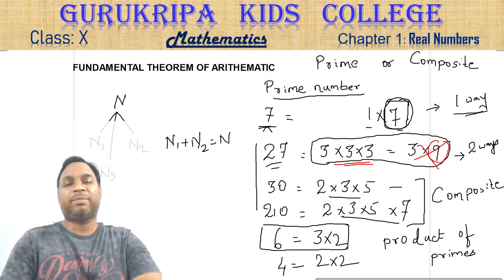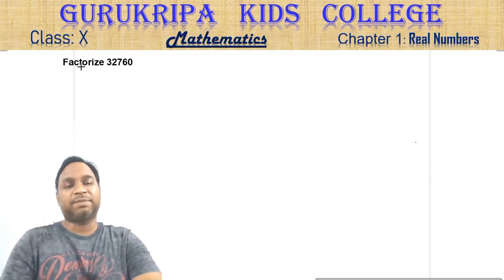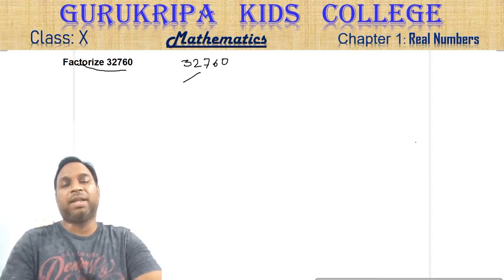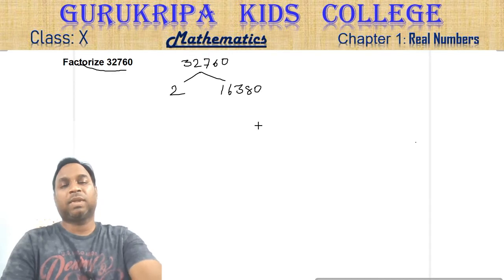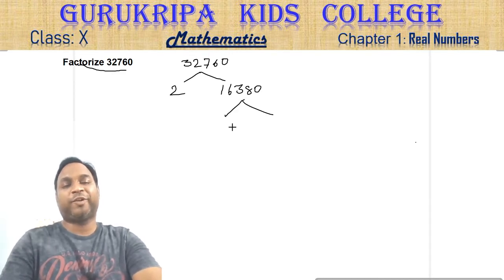Let's take one more example. Factorize 32760. Let's say we divide it by 2. What will you get here? 16380. Again, let's say you divide it by 2. What do you get? 8190.